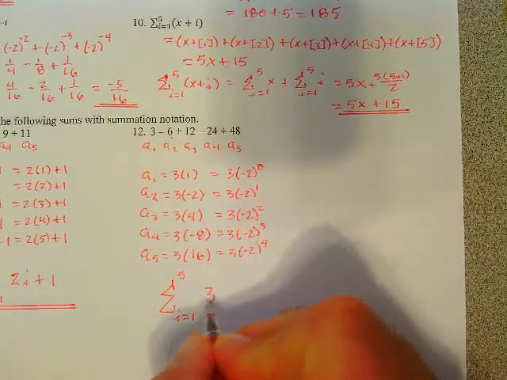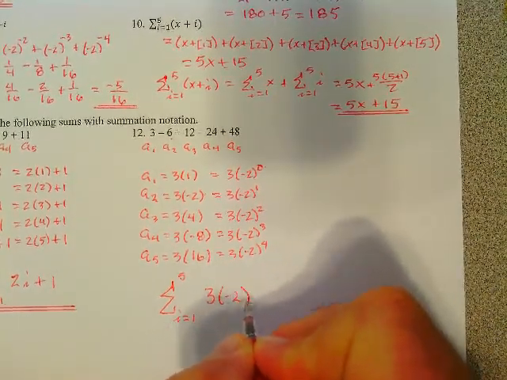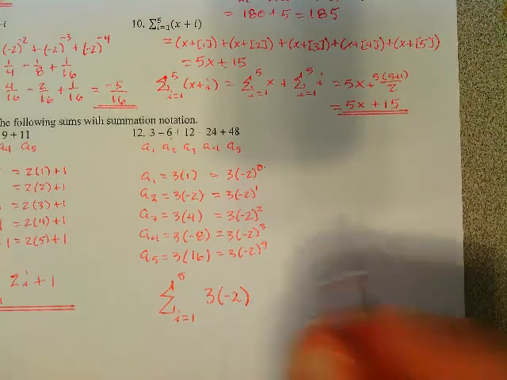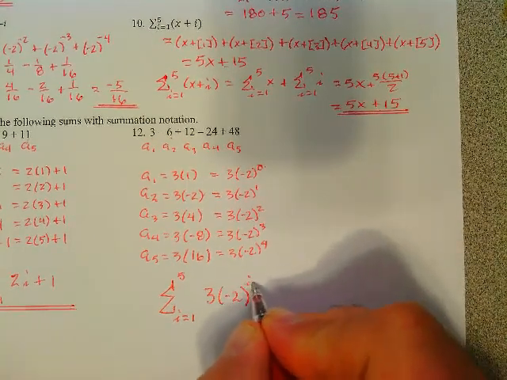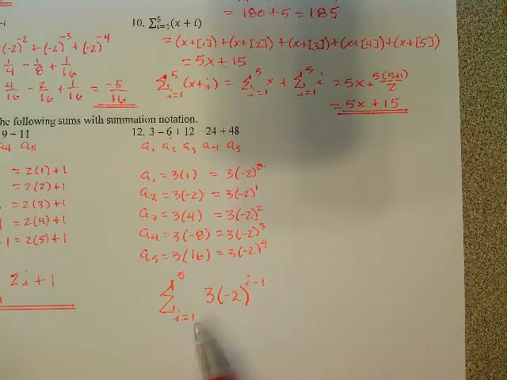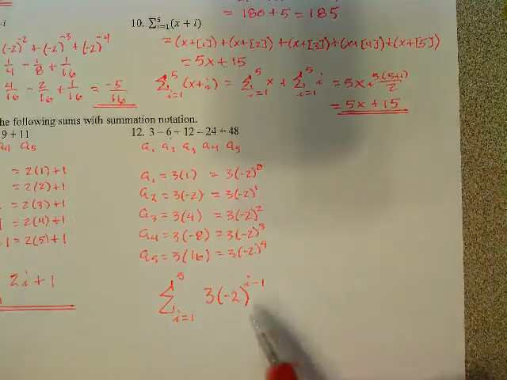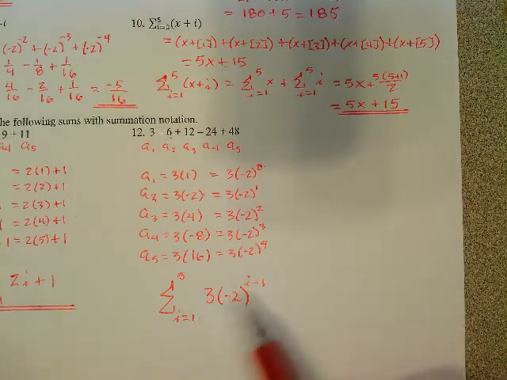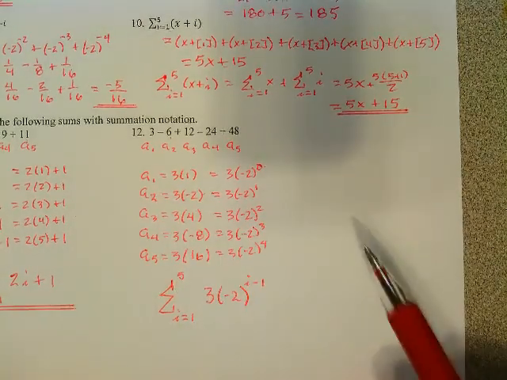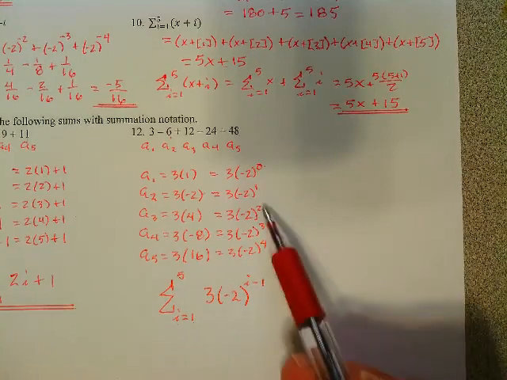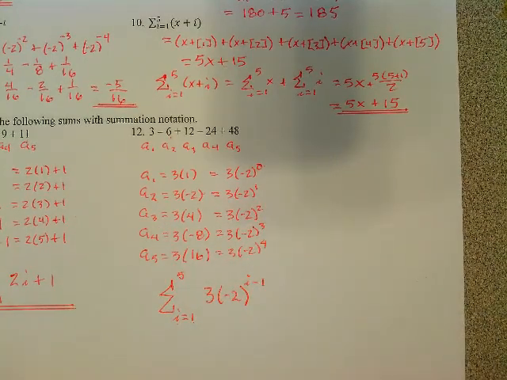We have our 3, we have our negative 2, but what about the exponent? Well, the exponent is i minus 1. 1 minus 1 gives me my 0 for the first term. Go up by 1. 2 minus 1 gives me my 1 for the second term. 3 minus 1 gives me my 2 for the third term, and so forth.